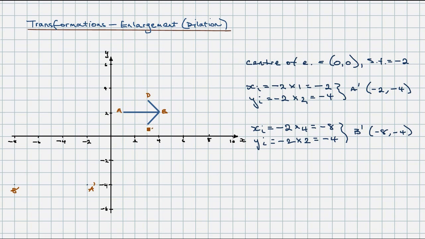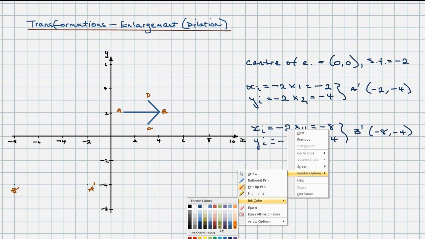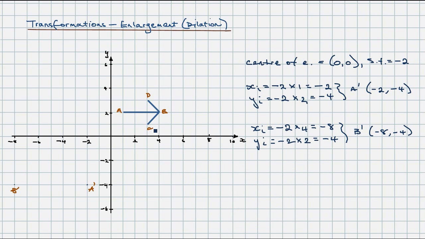So let's draw that down straight away. The vector from the centre of enlargement to the point C is, so let's call that O to C.